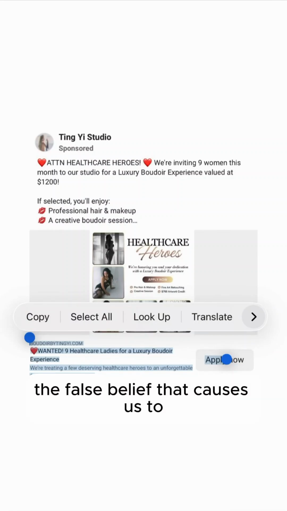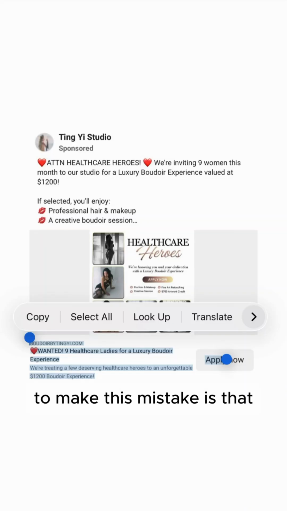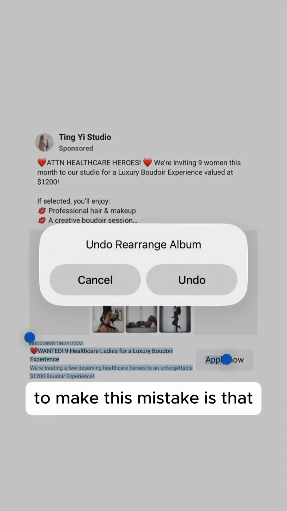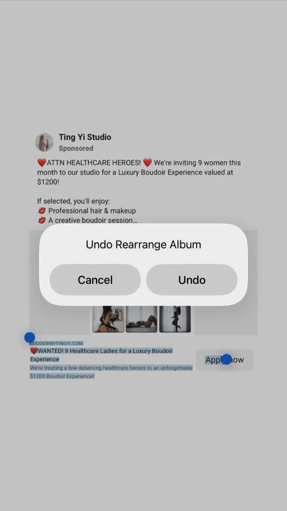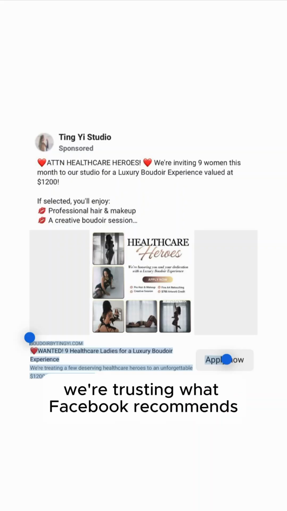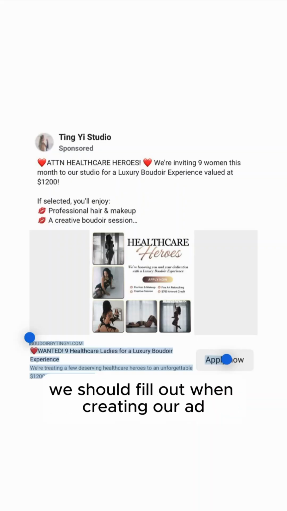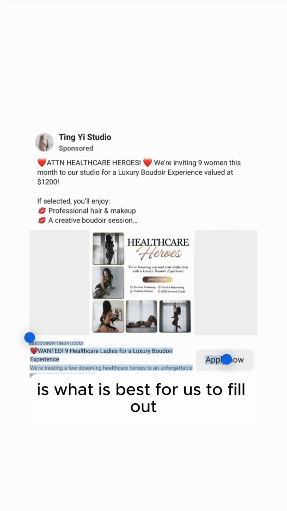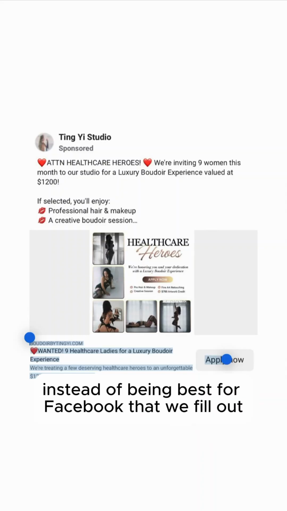The false belief that causes us to make this mistake is that we actually believe we're trusting what Facebook recommends we should fill out when creating our ad is what is best for us to fill out instead of being best for Facebook that we fill out.